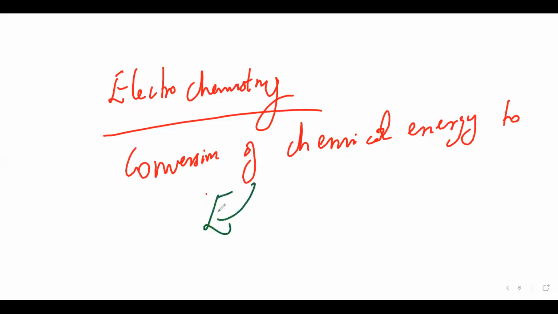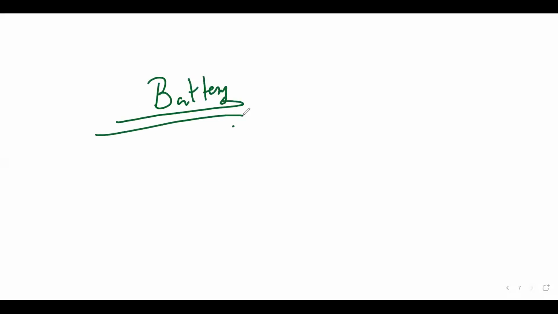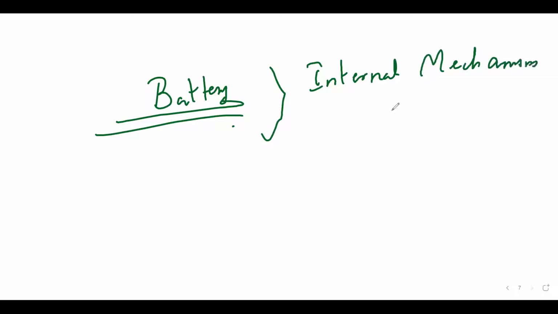That is our green energy. Correct? So coming to our cars and everything, we use what? Battery. So in this particular chapter, we will be learning more about the internal mechanism of battery.